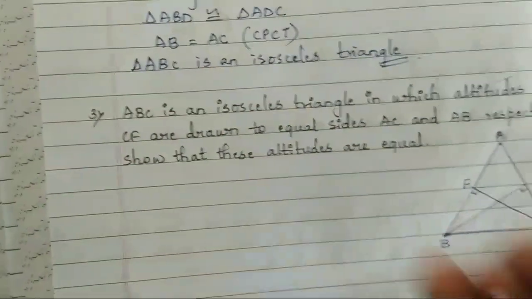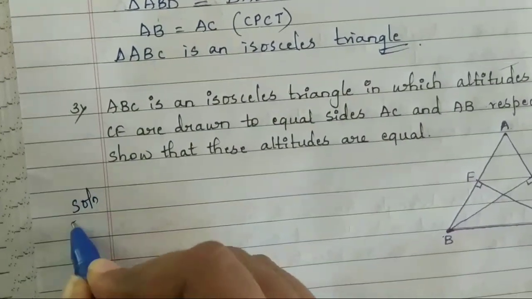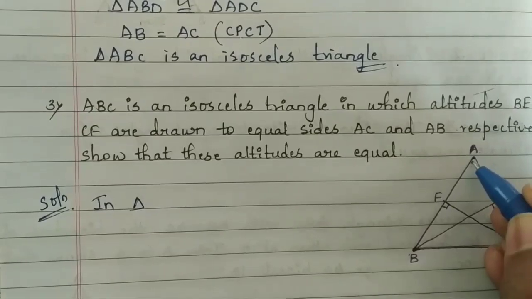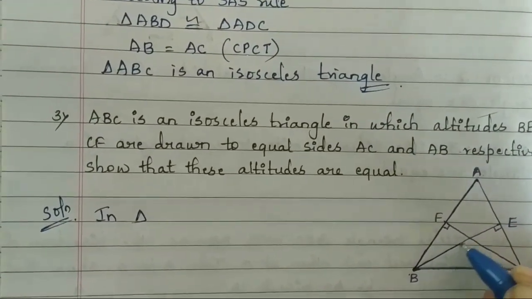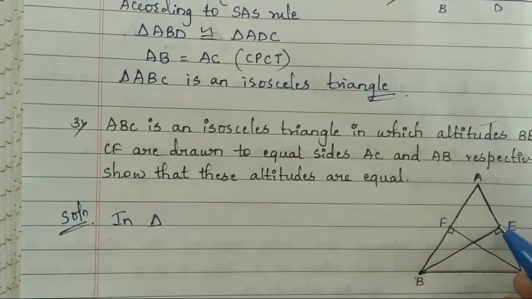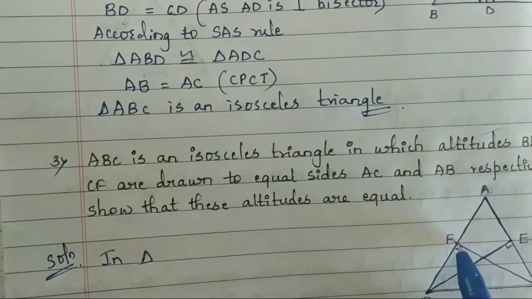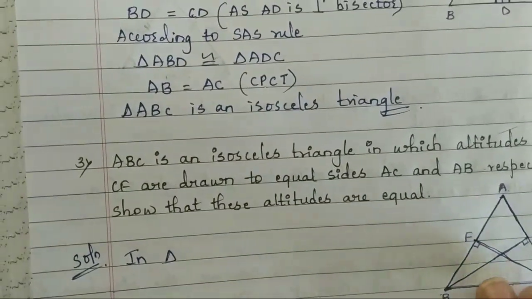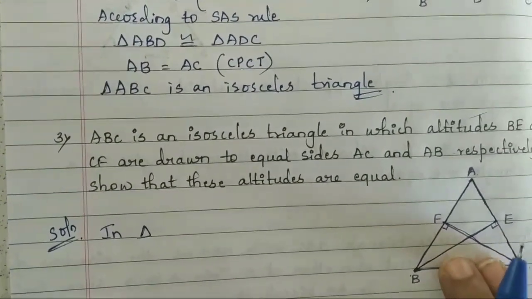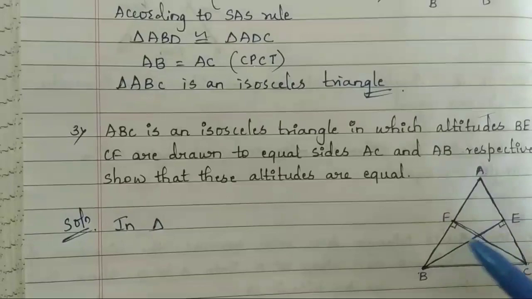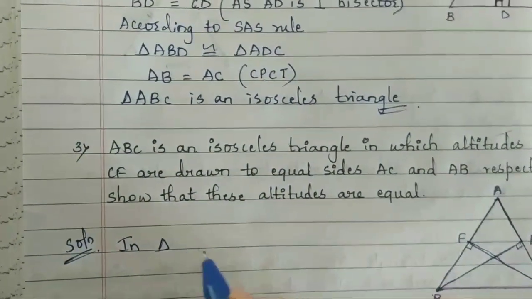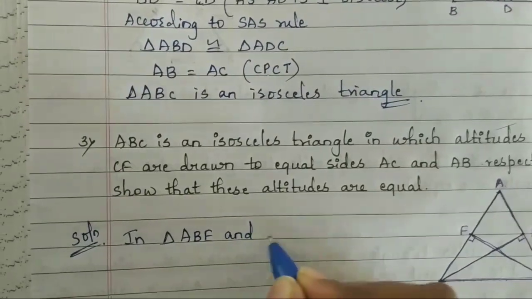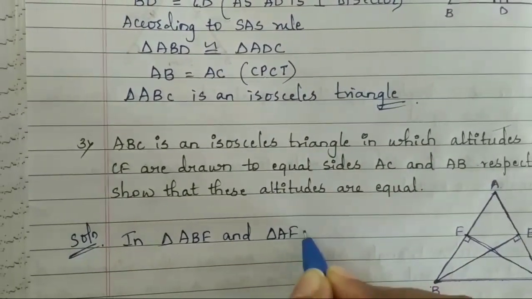Okay, so let us take the triangles here. Except leaving this base, we have to take these two triangles, that is triangle ABE and triangle AFC.